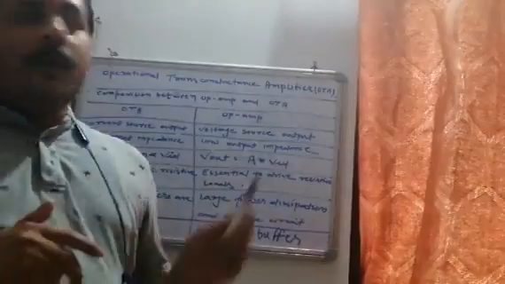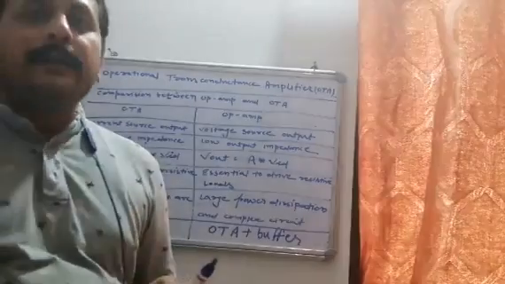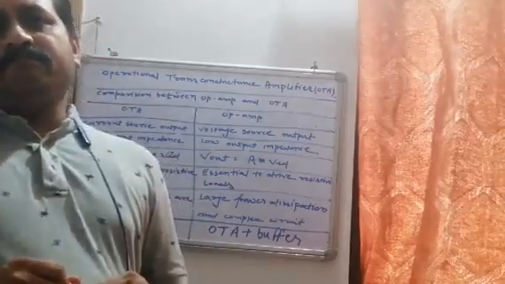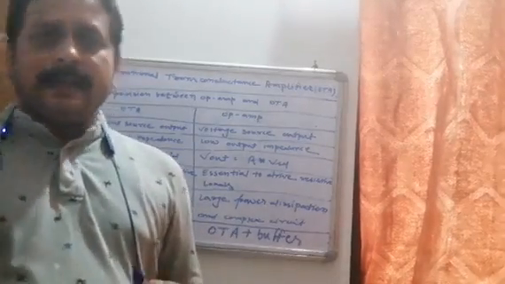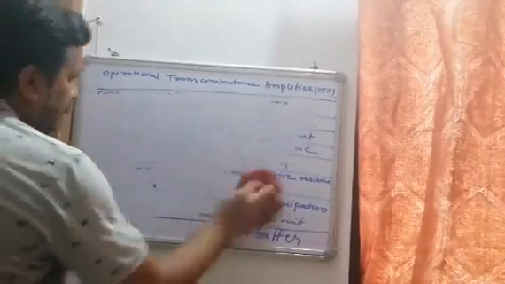Basically OTA is designed for filters, GM-C filters, that I will discuss in a later lecture. So this is the basic comparison between operational amplifier and OTA. Now I will see the working principle of OTA.